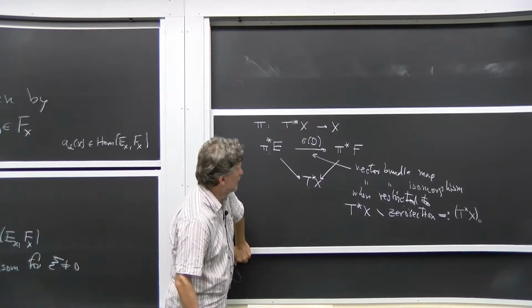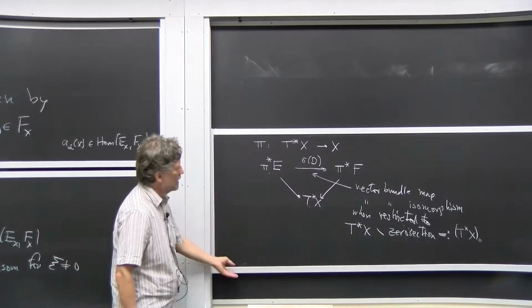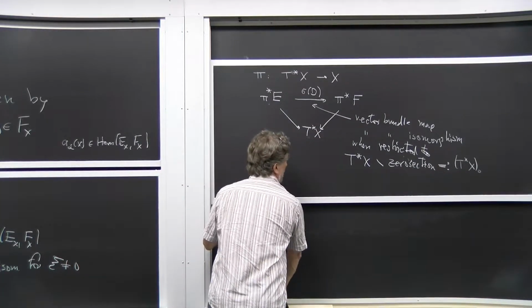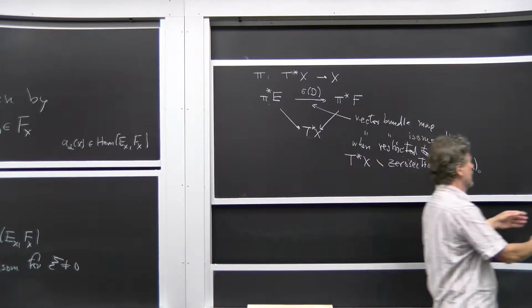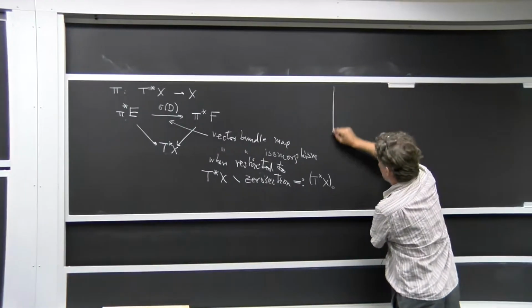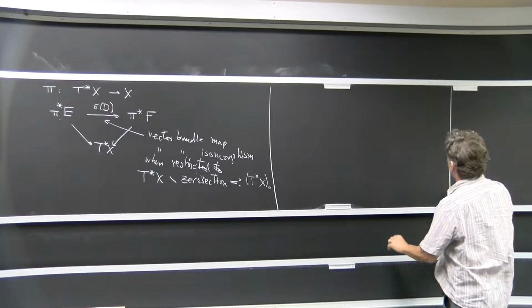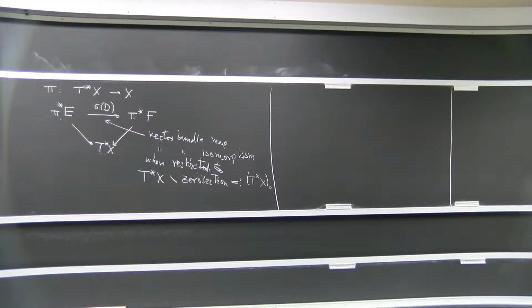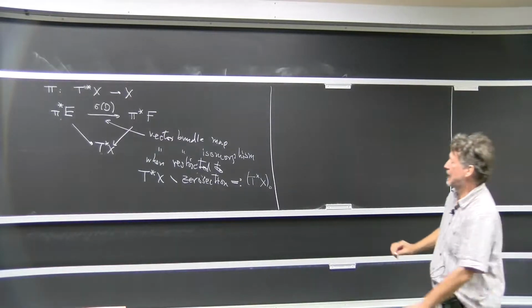Okay. So why do I want to write it in this form? Well, this has an advantage that this allows me to interpret this as a K-theory element. So let me recall K-theory.